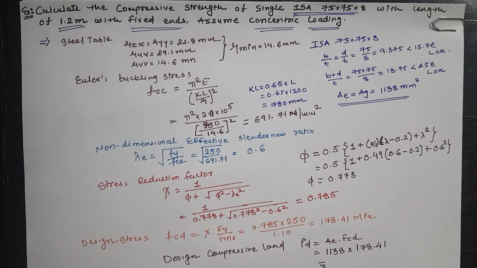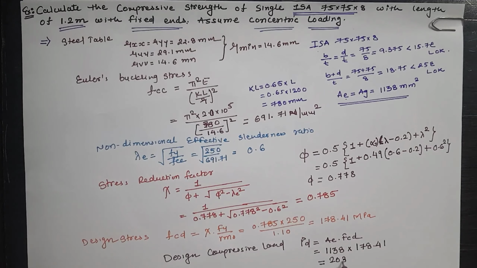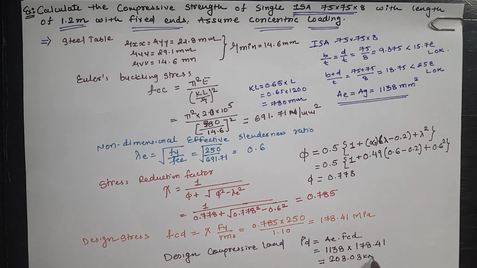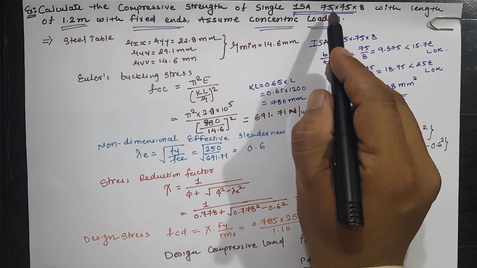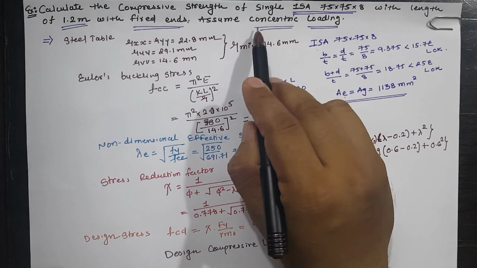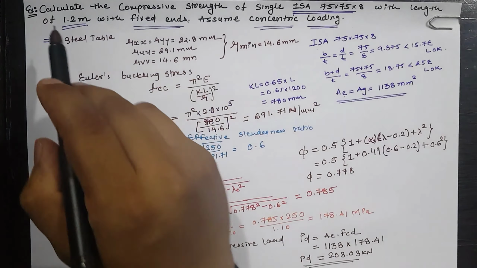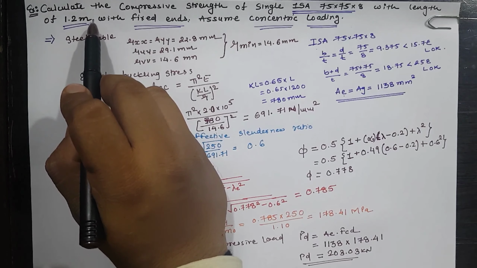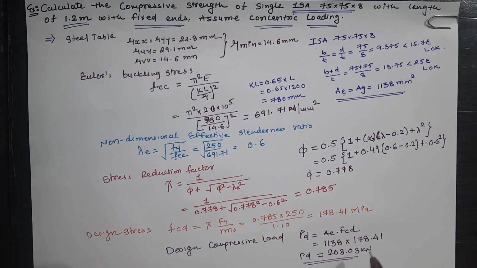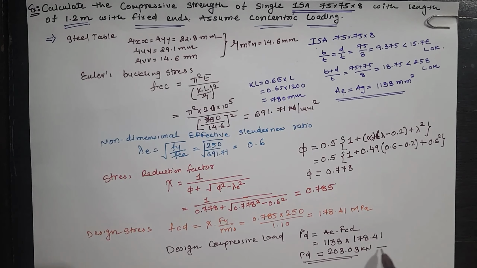So our answer is 203.03 kilonewton. It means that if Indian standard angle section 75-75-8 with concentric loading is given, as well as fixed end condition with 1.2 meter overall height, then the design capacity is 203.03 kilonewton.